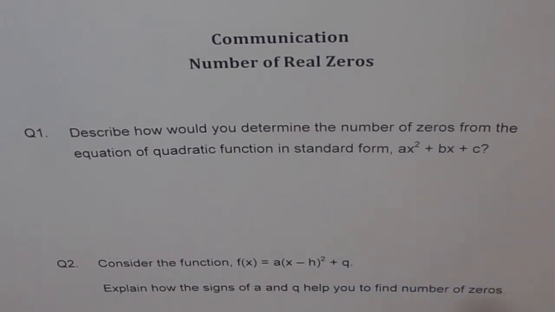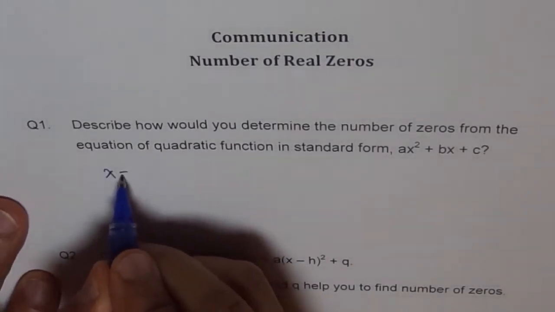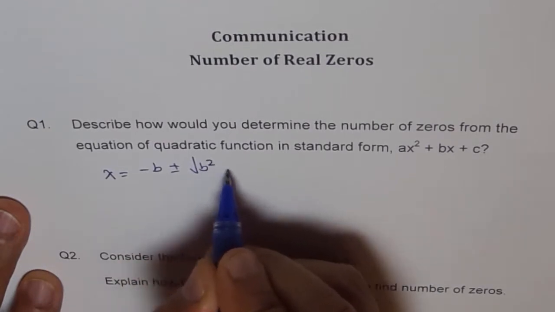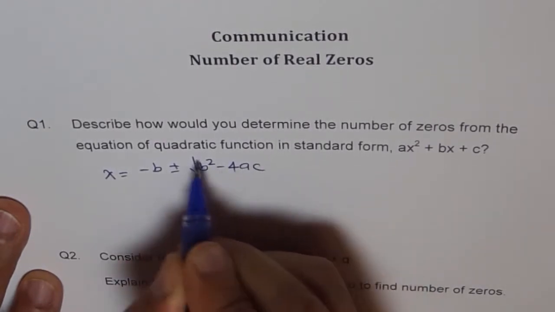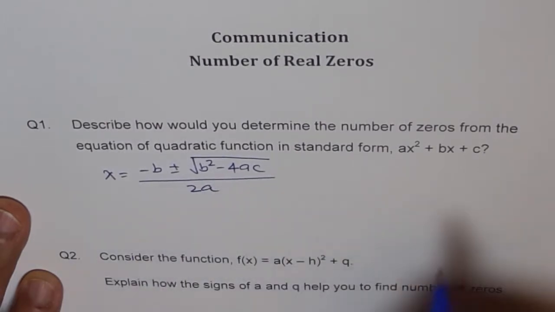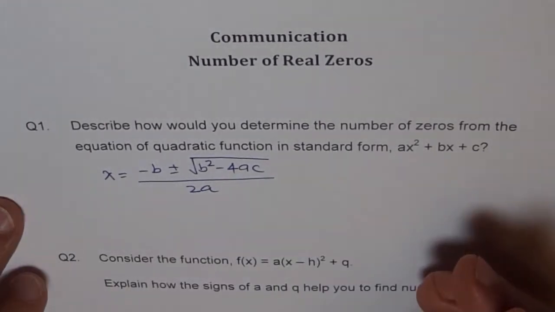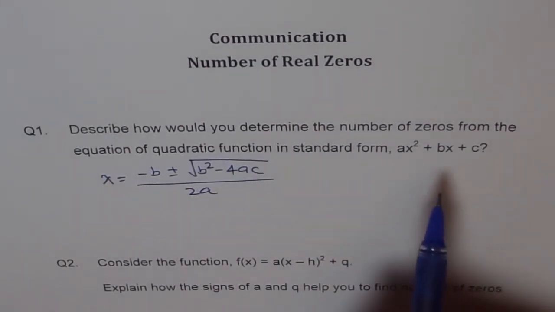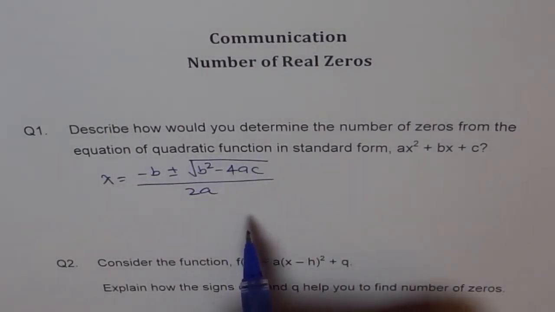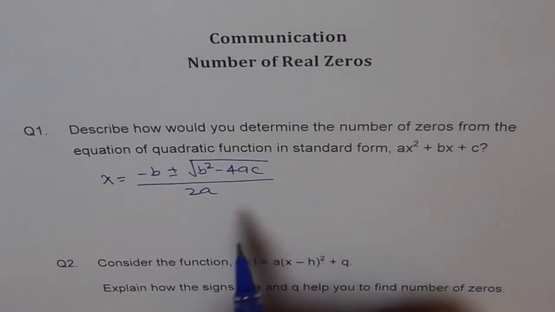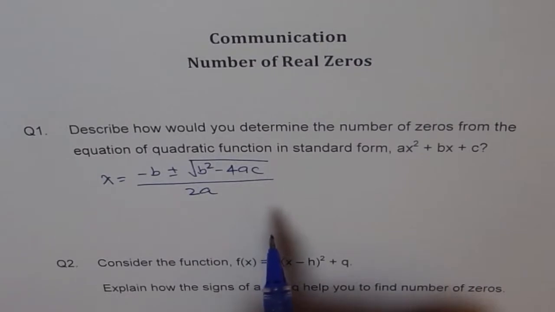And as you know, the solution of the equation is x equals minus b plus or minus the square root of b squared minus 4ac, over 2a, correct? Now this is the general solution of any standard quadratic equation. For any given equation you can find the solution, correct? Factoring you can't do for all equations, correct? But this is a good solution.